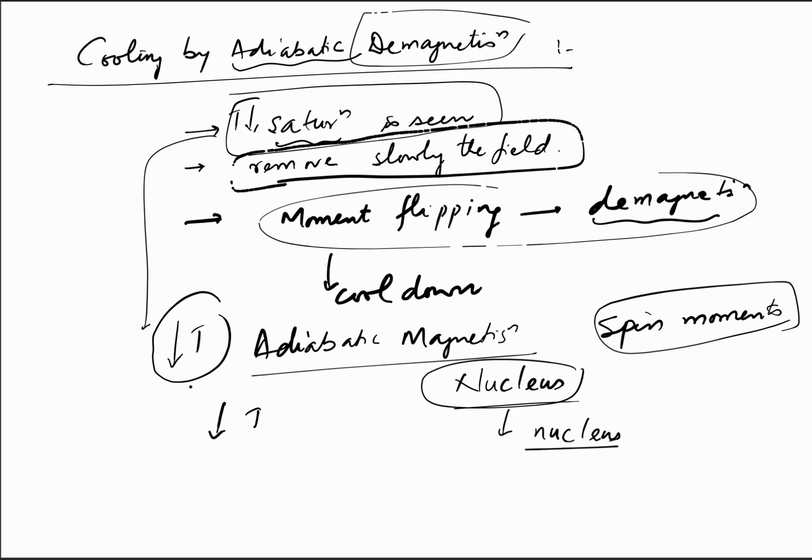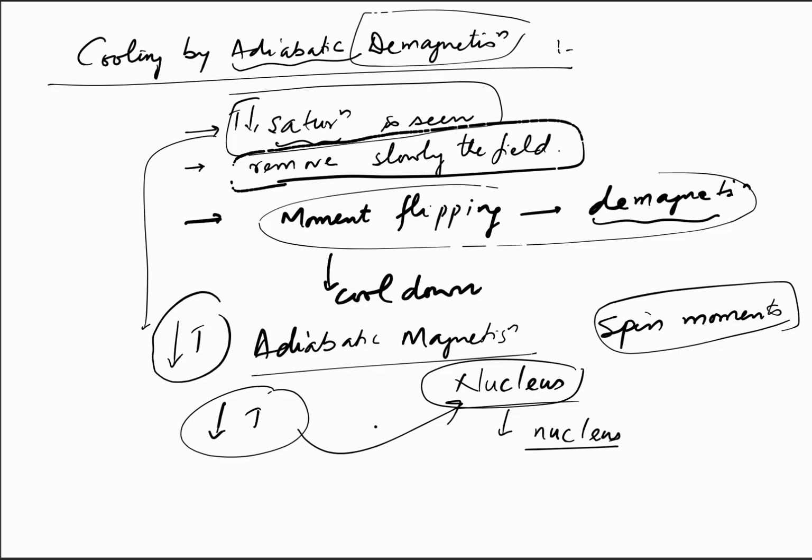And the second level of reduction in temperature is done through the adiabatic demagnetization of the nuclear moments. So in this way we can have two stages of cooling: first of the electronic moment and second of the nuclear moment.